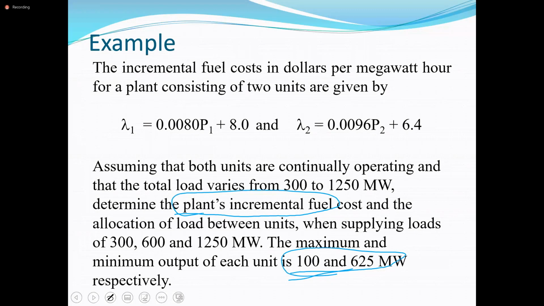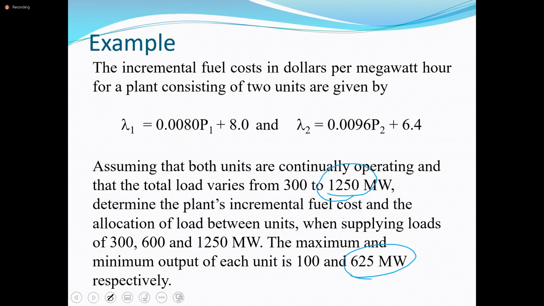However, if only one unit is producing additional power, then the plant's lambda will be dictated by that unit. And it's obvious from the information we have that the total load is equal to twice the output of each unit. So obviously, we know that by the time we get to 1250 megawatts, both units will be producing the maximum.